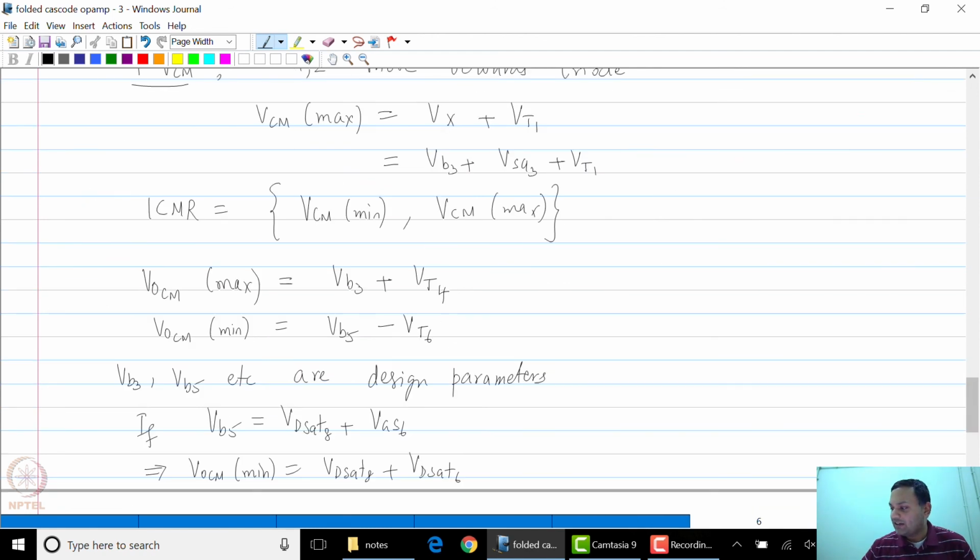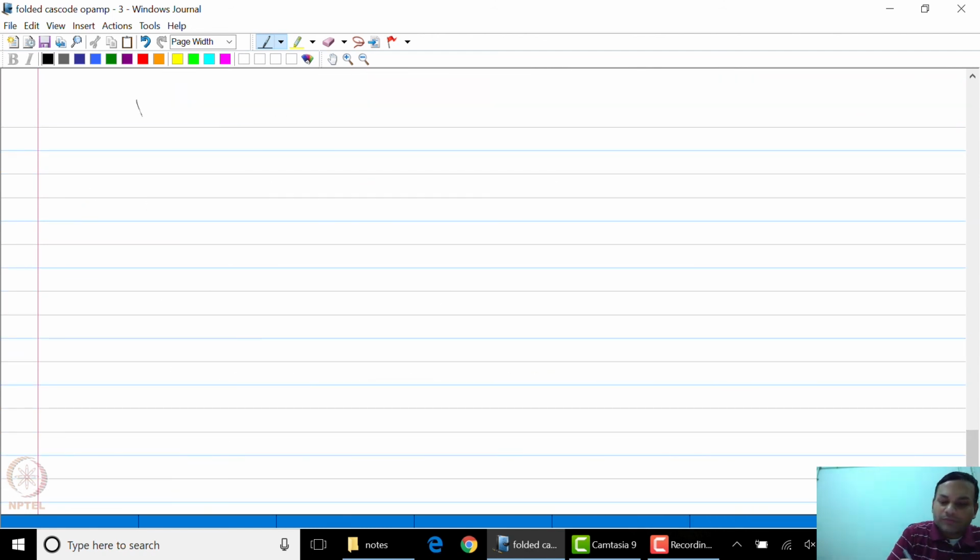So let us just quickly write that down here. So if designed properly, I say can be low, but what this means is that you need to choose VB3 and VB5 etc. carefully. I'll just simply write it as, since I'm writing it as sum of 2 VDSats, I can just write it as 2 VDSat.